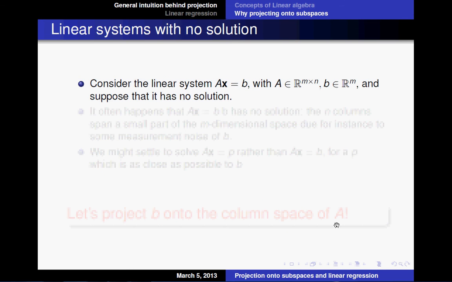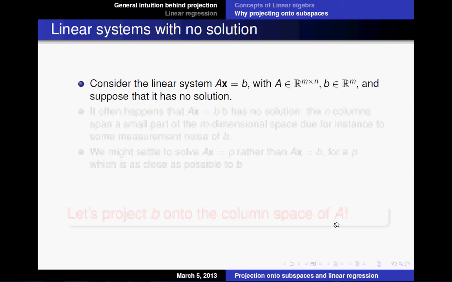Okay, now what I want to talk about is a kind of application, or if you prefer, an extension to other problems of projection. Why do we use projection?